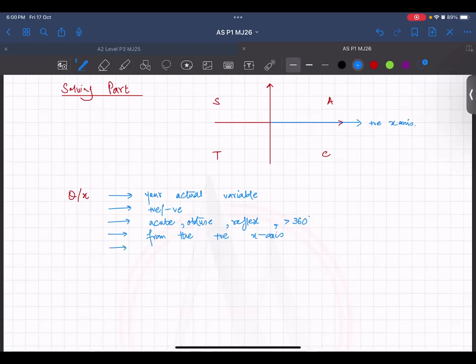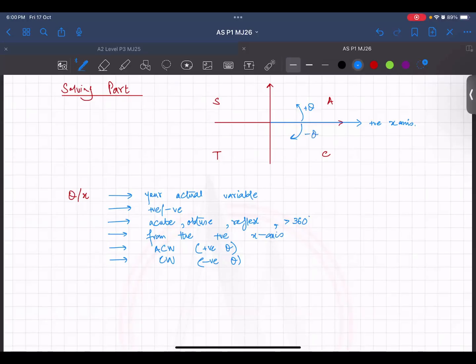If you go from this positive x-axis in the anti-clockwise direction, you will have positive theta values, positive x values. Or if you move in the clockwise direction, you will have negative theta values. So if you're moving like this, you will have positive theta. If you're moving like this, you will get a negative angle.